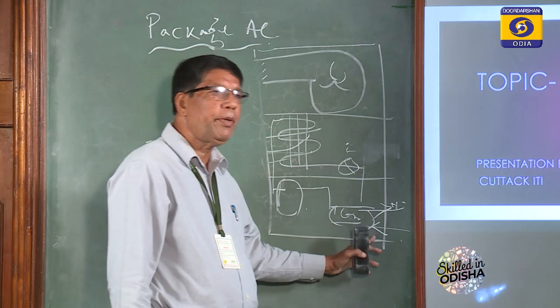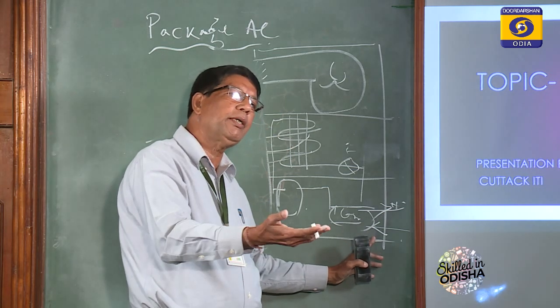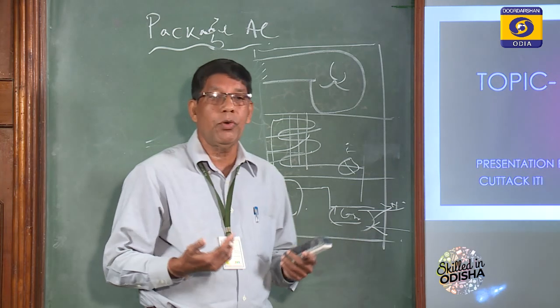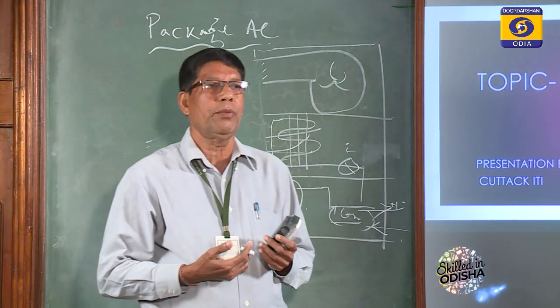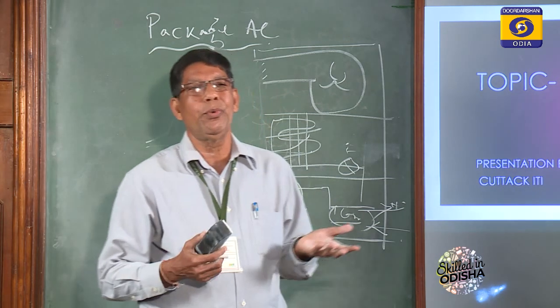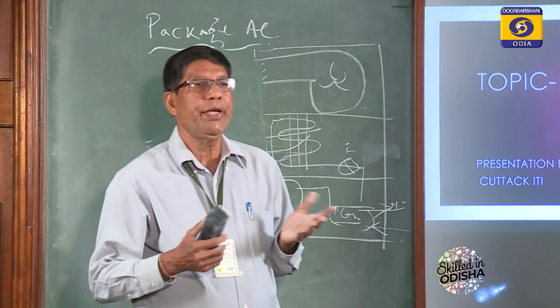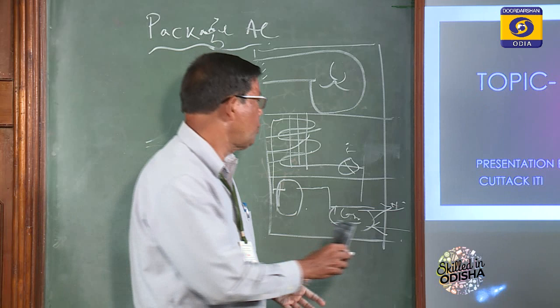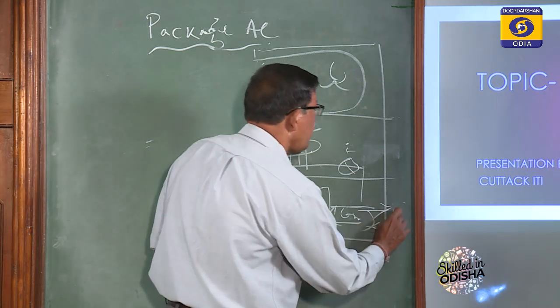So there is a provision for cooling the water and returning it to the condenser. In some locations, it is not easy to maintain the cooling tower, so we use air cooled condensers. So here the condenser is there.